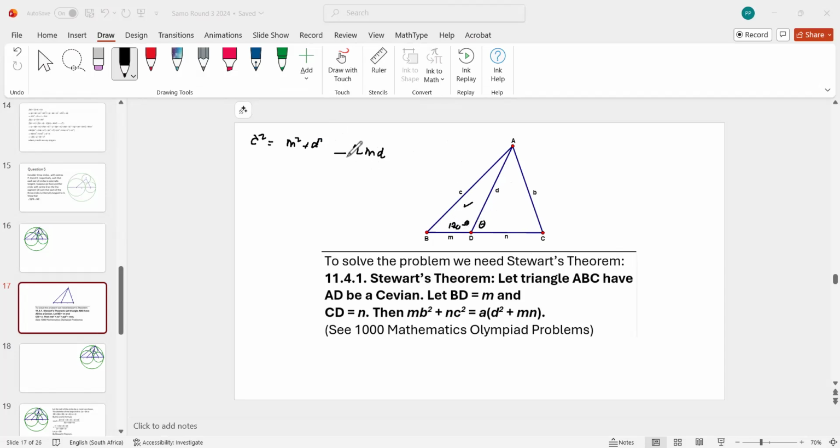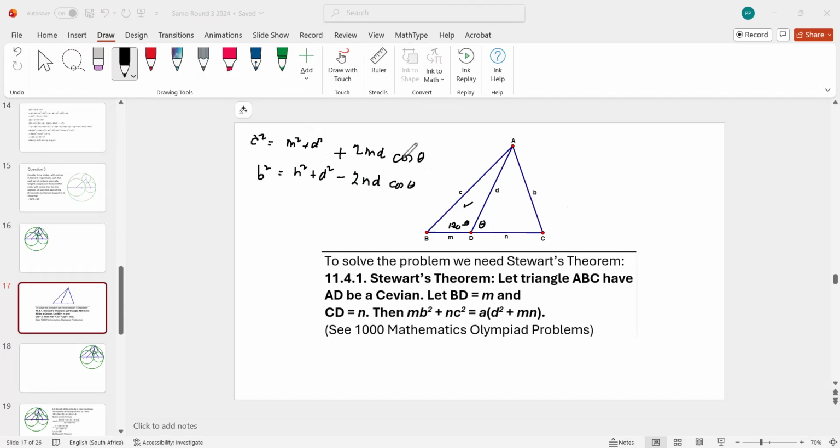But cos of 180 minus theta is minus cos theta, so I'm going to change the sign there and put theta there. And then likewise, in the other triangle, you've got b squared equal to n squared plus d squared minus 2nd cos theta. That's the cosine formula.